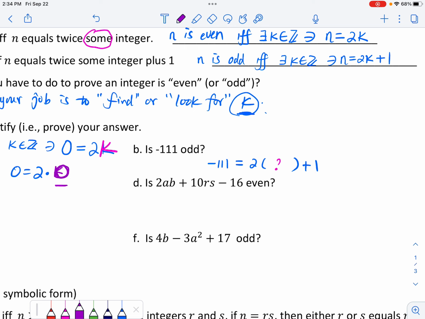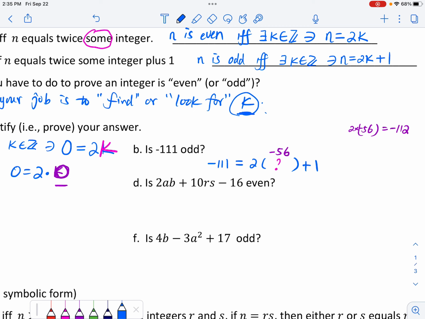Obviously a little algebra reveals that k is negative 56. Let's check: 2 times negative 56 is negative 112, and if you add 1, that gives you negative 111. So we are able to find such a k, which is an integer, so that negative 111 is equal to twice the k plus 1. So yes, it is odd.